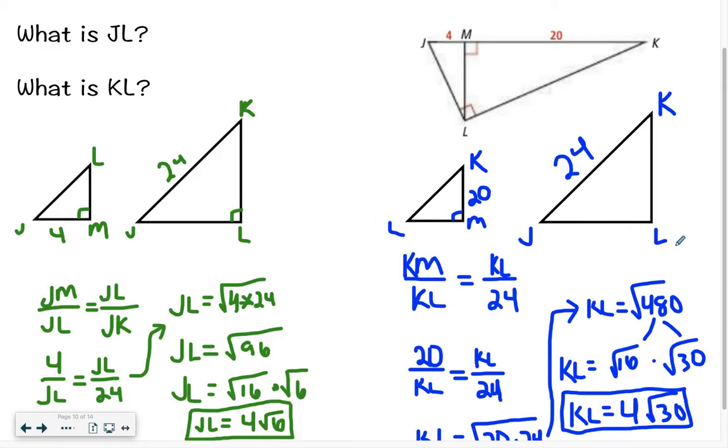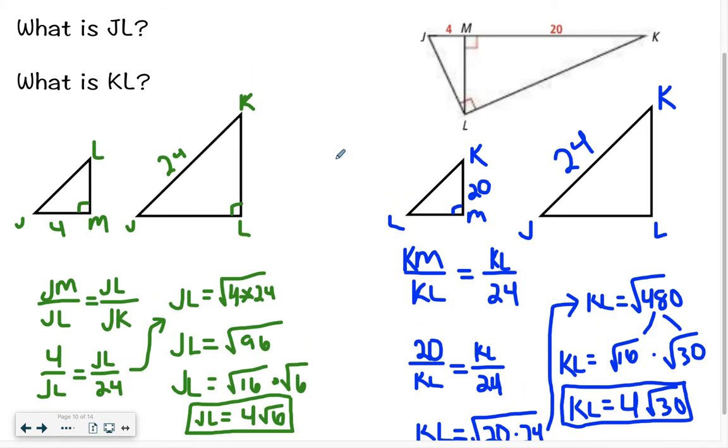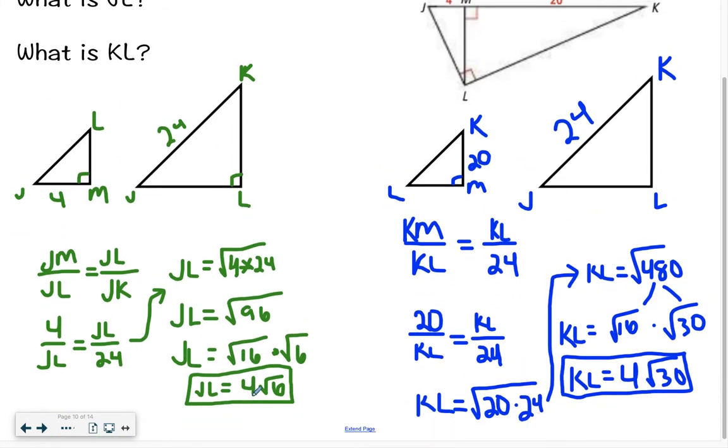All right, so for this question, hopefully for JL, you ended up at 4 square root of 6, which is approximately 9.8. And then hopefully for KL, you ended up with 4 square root of 30, or approximately 21.9. The way that I got those was for JL, I split it up into two triangles, JLM and JKL.